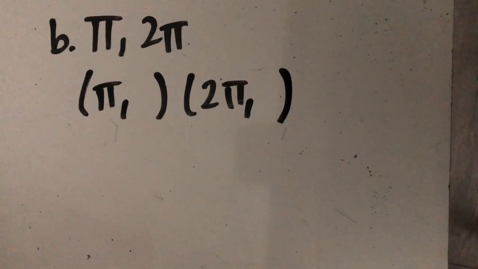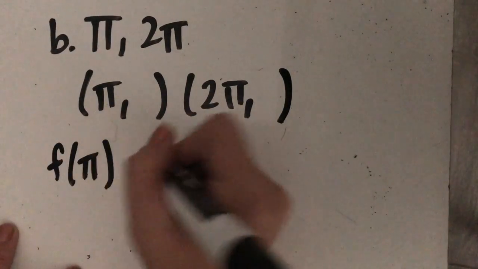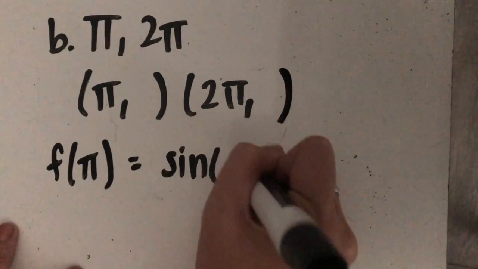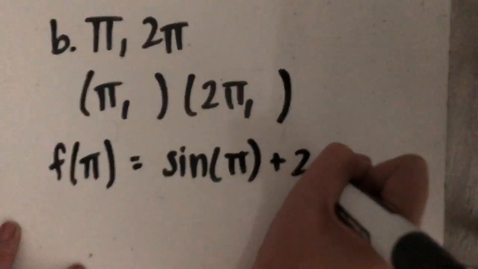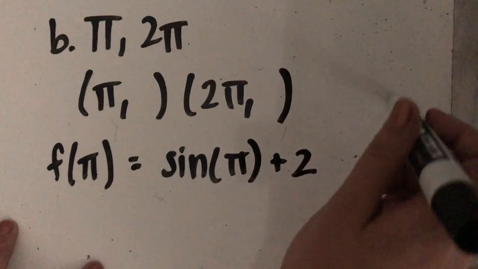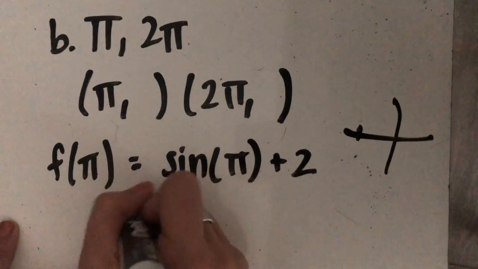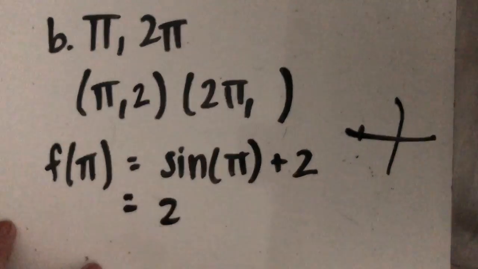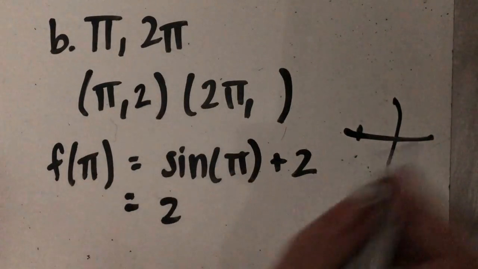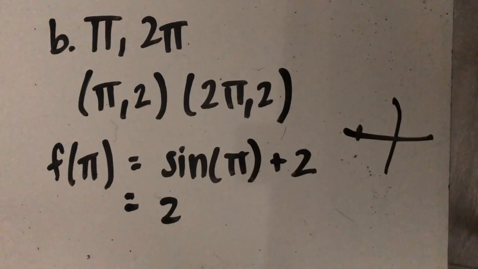So if we go back to the original, that was at, so we'll do f of pi, would be sine of pi plus 2. And we know that the sine of pi was this one over here, right? Which was 0, so it would be 2. So one of my points of inflection would be pi comma 2. And then 2 pi was also 0, and we also had 2, so that would also be 2 pi comma 2.